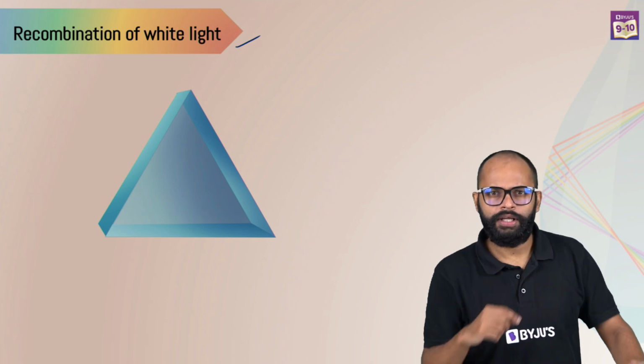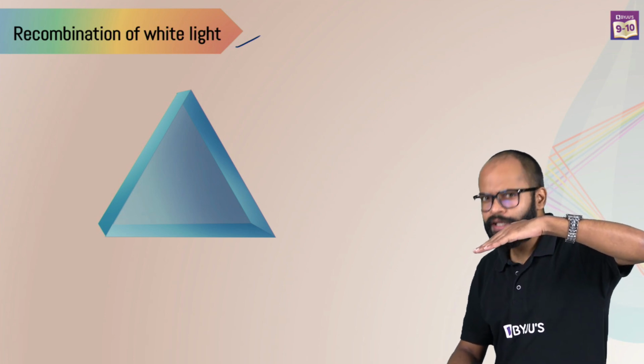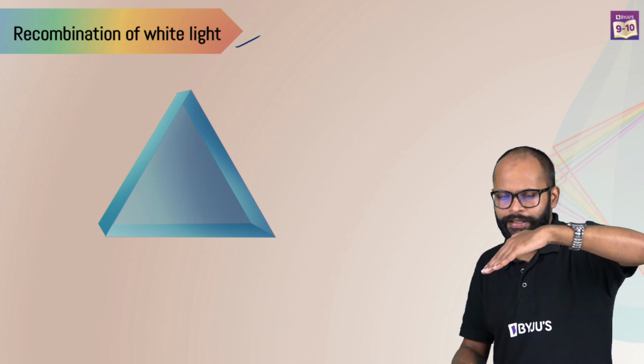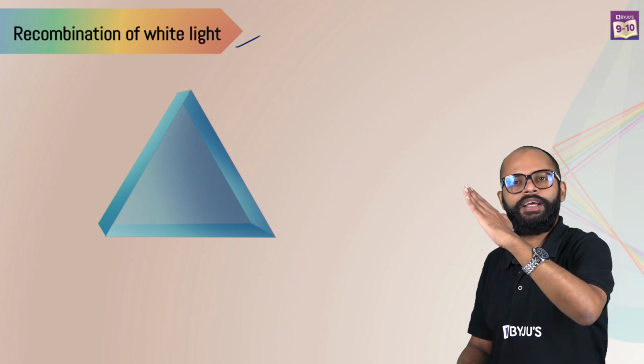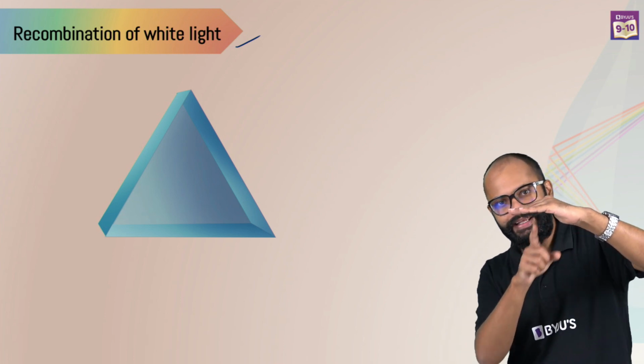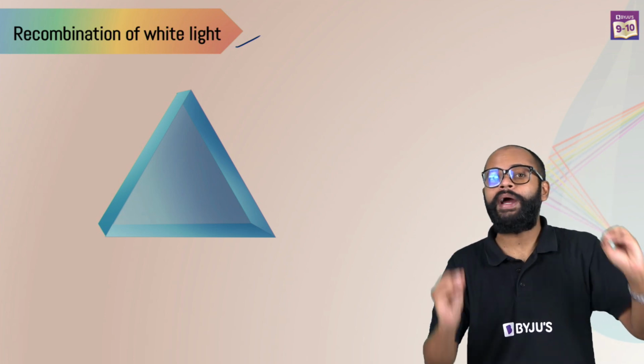What happened? If let's say light bent like this, I have to figure out a way to put something so that this light gets bent again like this. Which means all the colors which got bent like this, they will again bend like this, and it will become white light again.